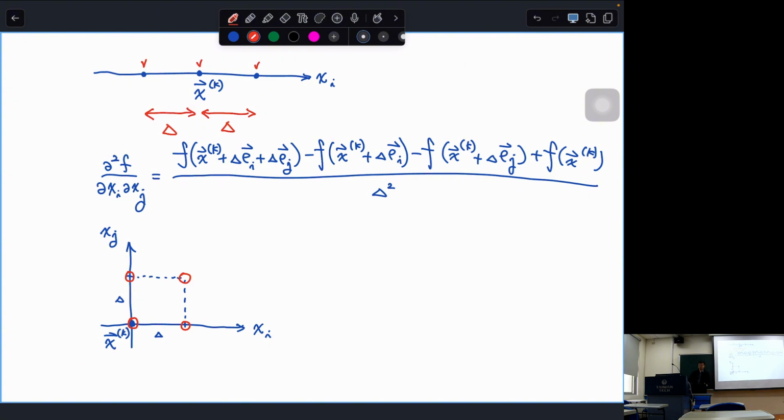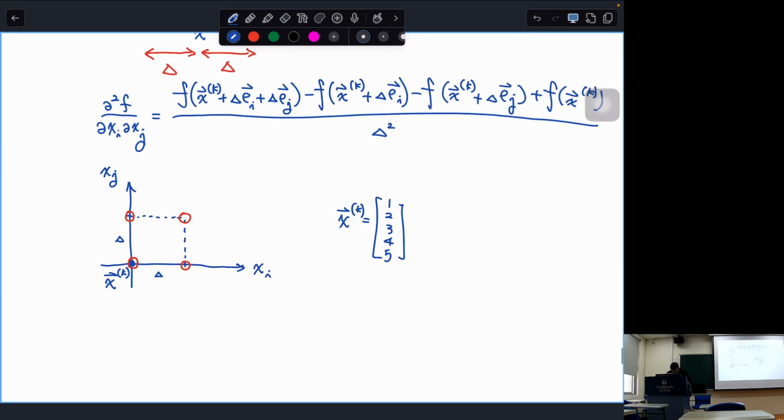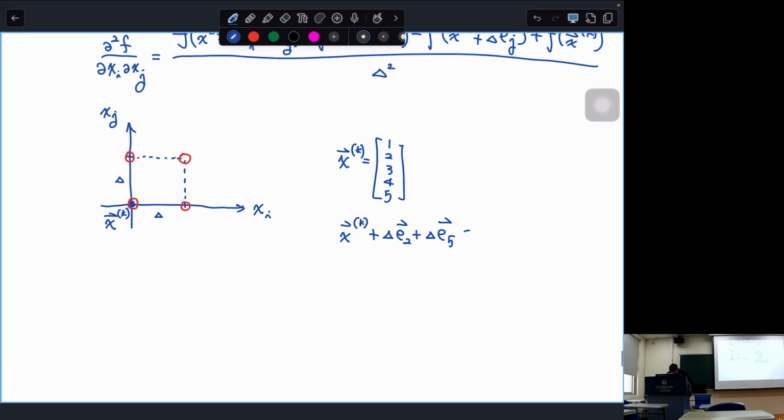So if you cannot understand this, let me show you one example. So if your xk is 1, 2, 3, 4, 5, and if you want to know a function value at xk plus delta E2 plus delta E5, what does that mean? That means you are doing this.